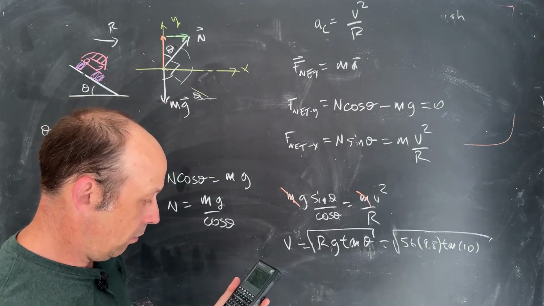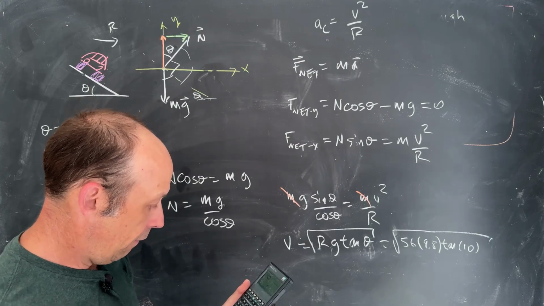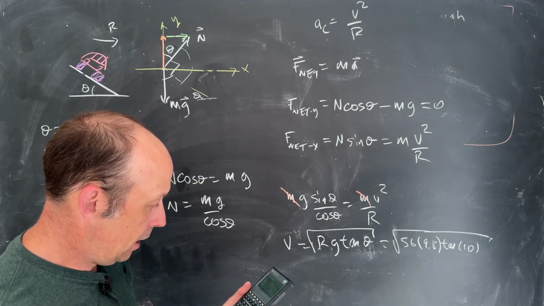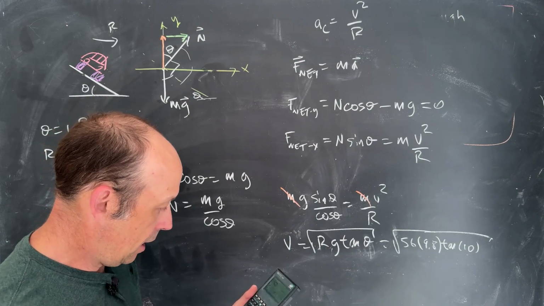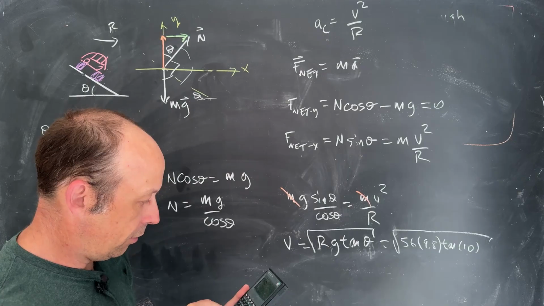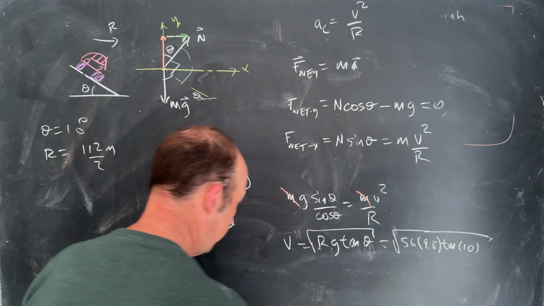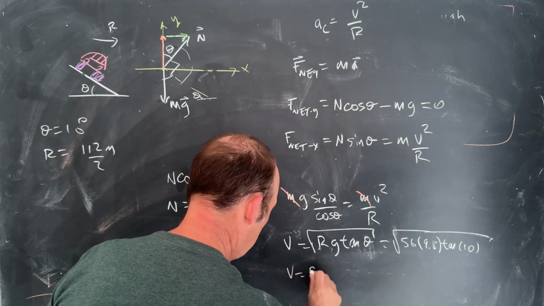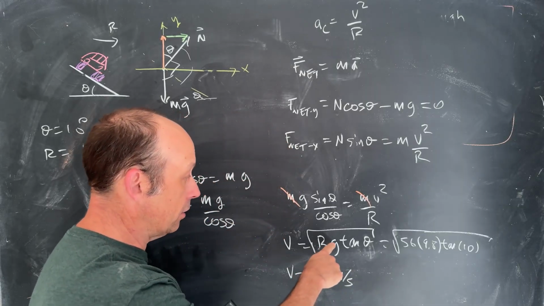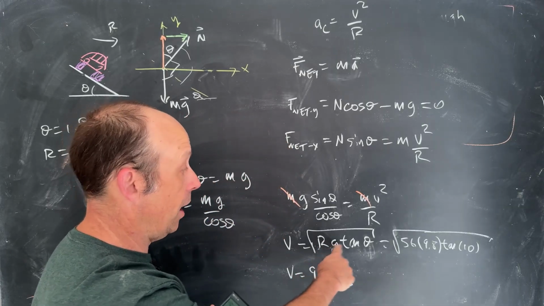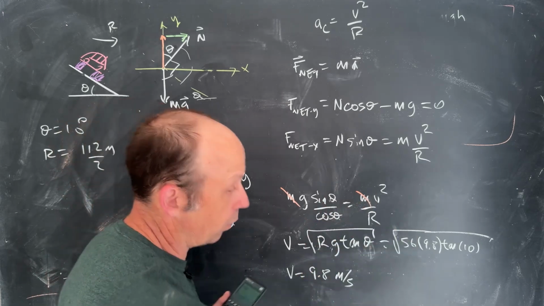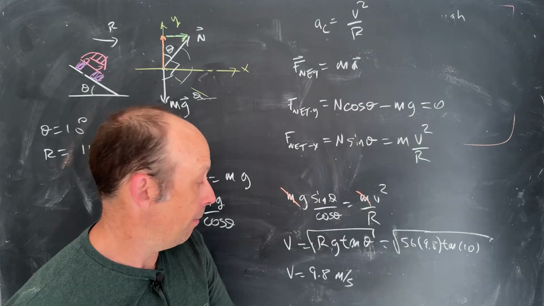So here we go. 56, enter. 9.8 times 10 tangent times square root. I get 9.8 meters per second, right? That's in meters. That's in meters per second squared. Tangent has no units. So I get meters squared per second squared. I take the square root. I get meters per second.